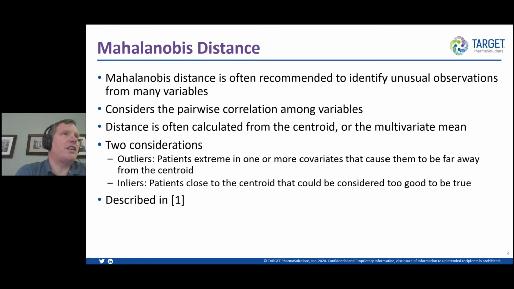But in this particular example, we can also be concerned about patients who lie too close to the center as somehow being unremarkable. The argument being that if someone is making up a particular patient, they could be considered too good to be true and would be unusually close to the centroid of the data.